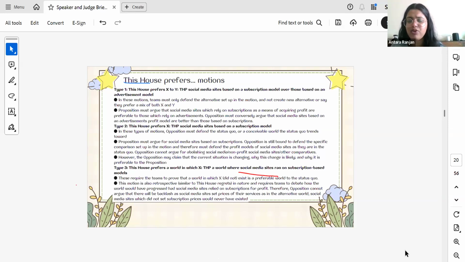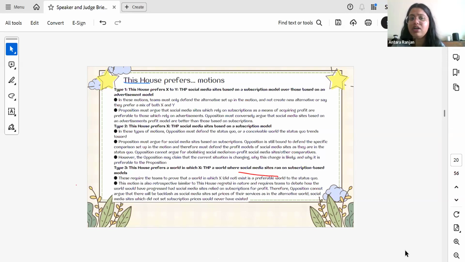So if you go on Instagram, you have to pay a monthly fee of 500 rupees instead of the ads that we see on Instagram itself, right? So it tells you this is A, this is B, we want A over B. It's evident. In the second one, it just says this house prefers social media sites based on a subscription model. This house wants A, right? No alternative.